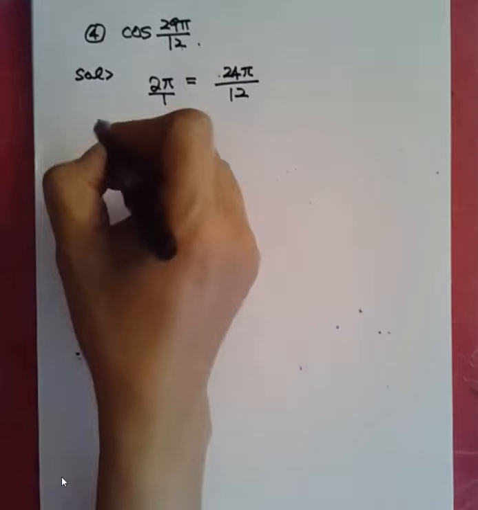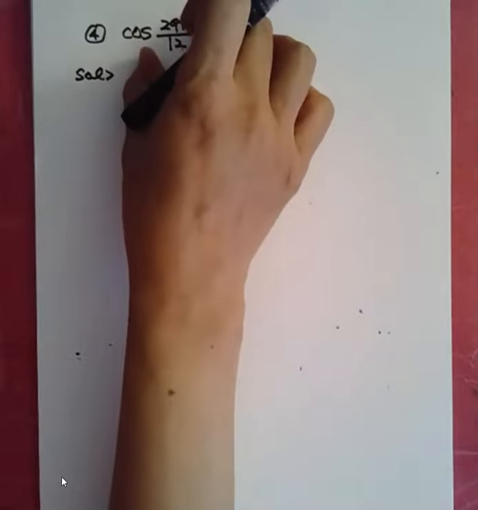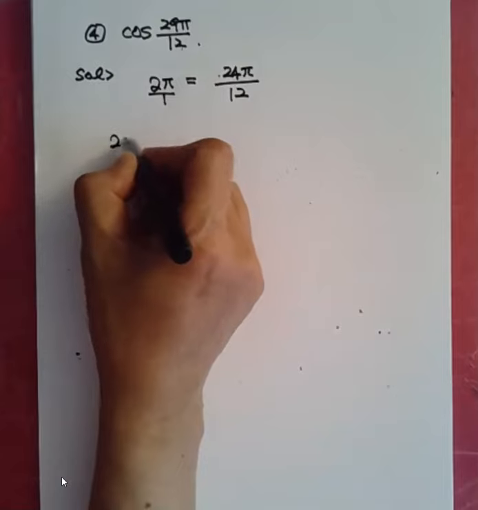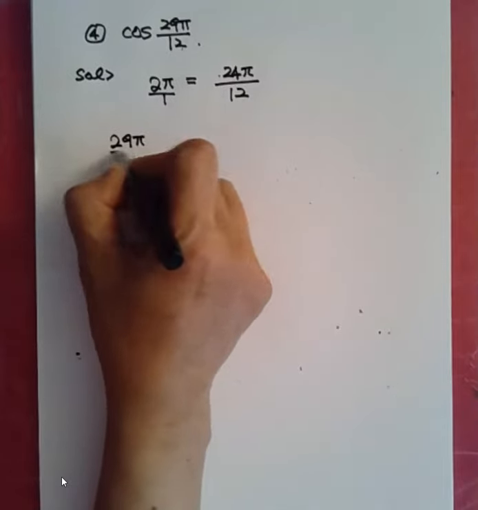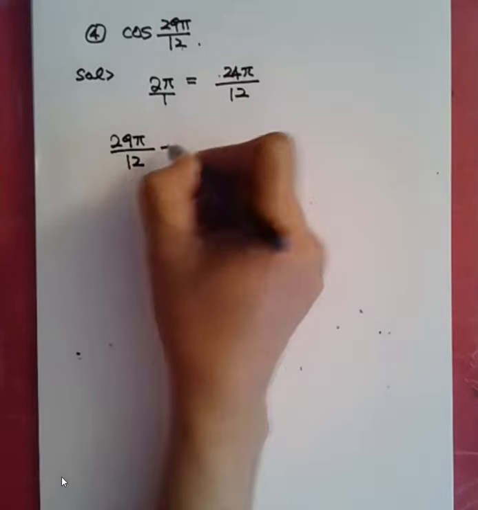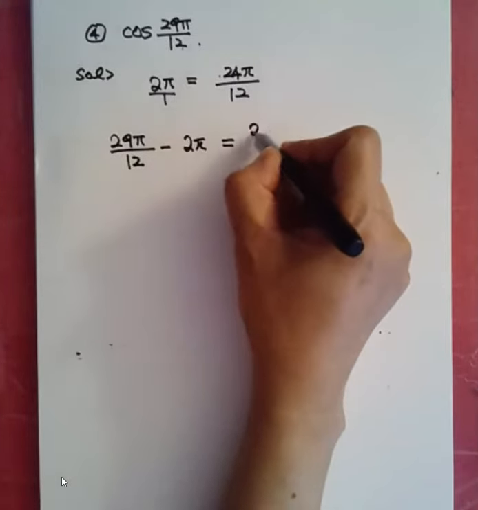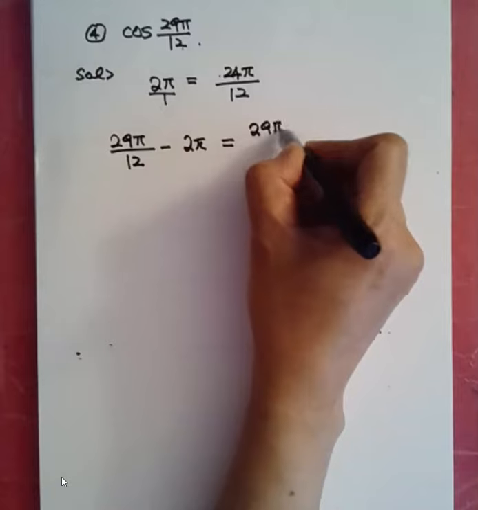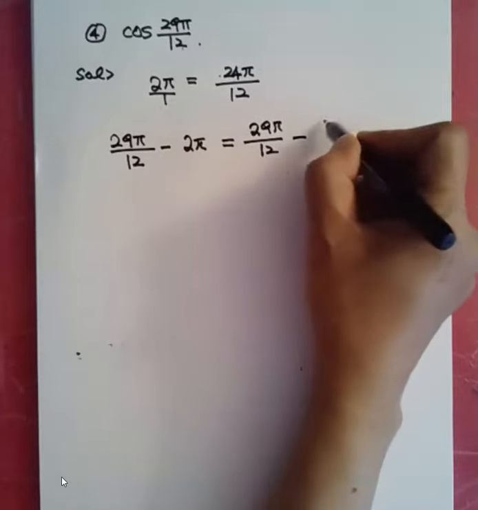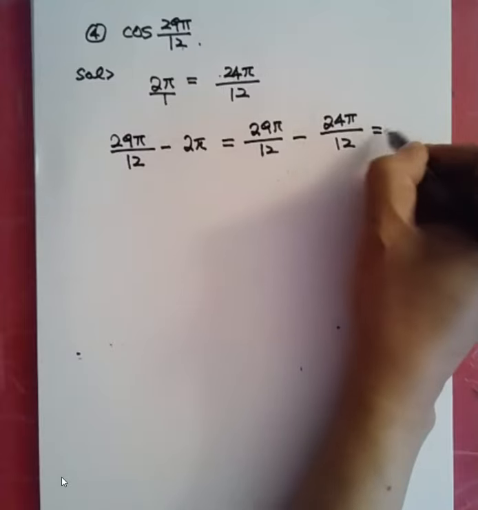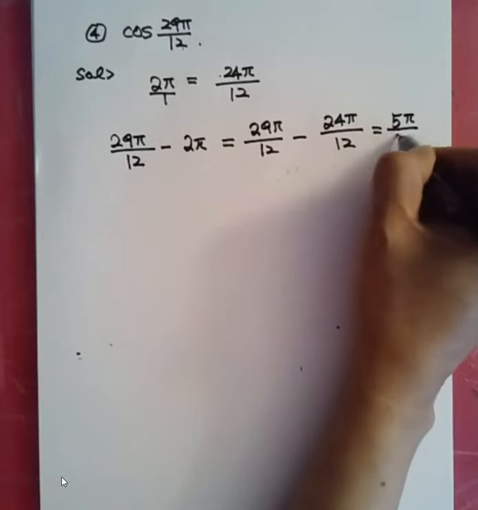So we want to reduce that angle by finding the coterminal angle. So let's subtract 2 pi, then 29 pi over 12 minus 24 pi over 12. That is 5 pi over 12.